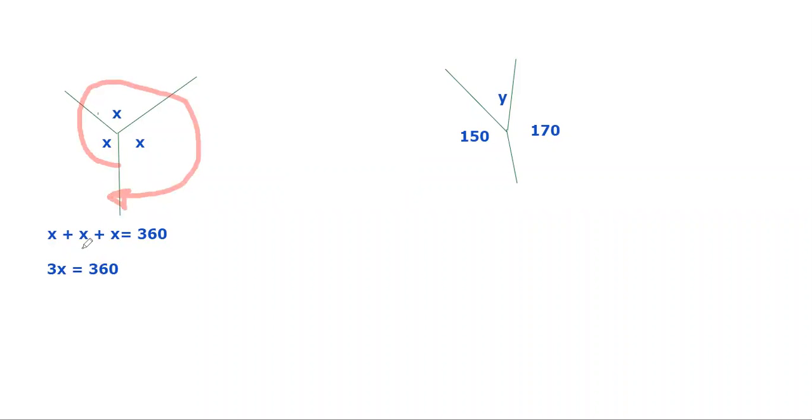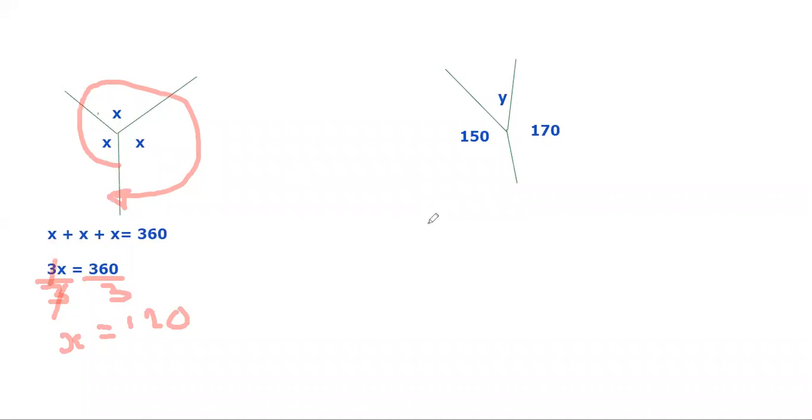Then you divide by 3 on both sides. This one cancels this one, so we get that x is equal to 120.